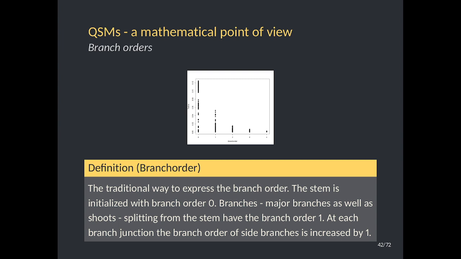Now let's look at what additional parameters we can attach to a segment or a cylinder. We talked previously about the traditional branch order, where branch order 0 is the stem, and we can see we have really large radii along the stem and really small ones. Branch order 1 is everything which grows out of the stem, so we have here also shoots and not only the major branches.